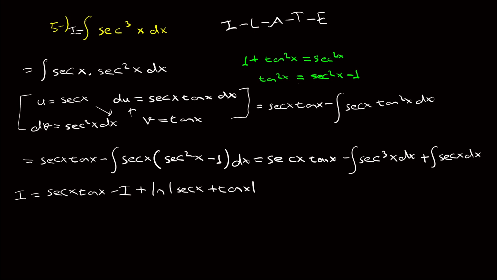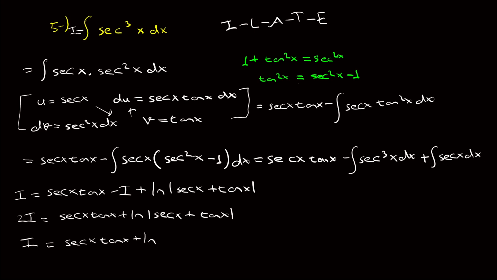And if I add I to both sides of this equation, I get 2I is equal to secant x tan x plus ln of secant x plus tan x, absolute value of course. And now I will have to divide both sides by 2, which gives us secant x tan x plus ln absolute value of secant x plus tan x, plus c, of course.